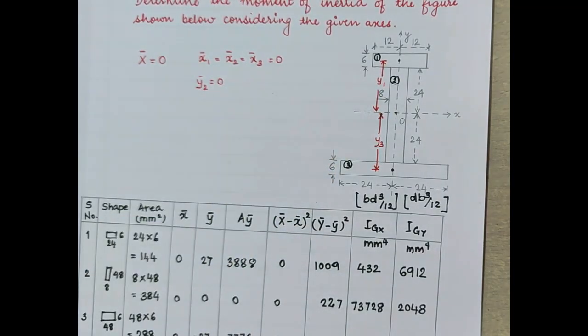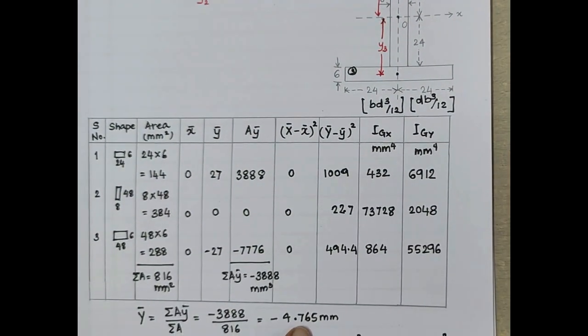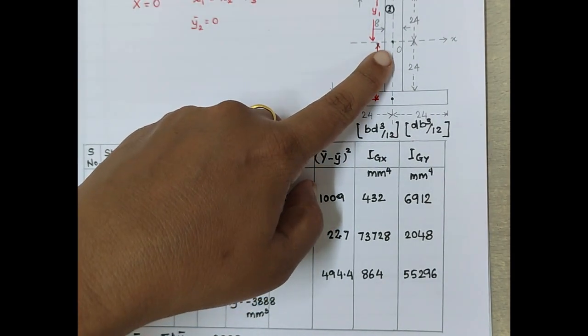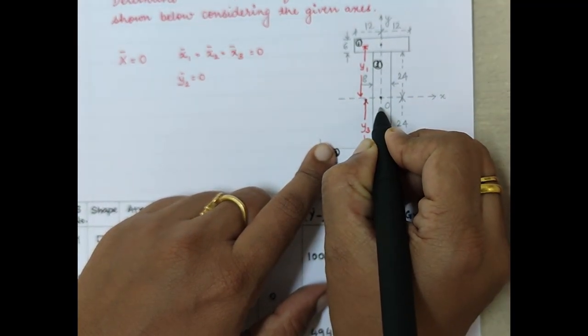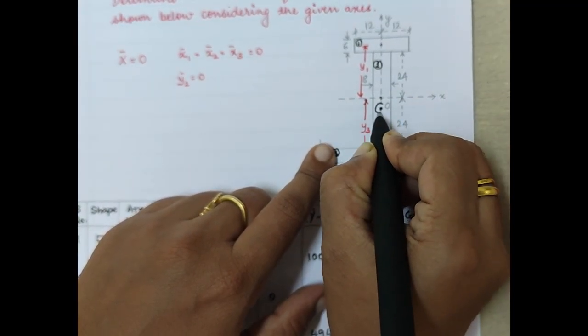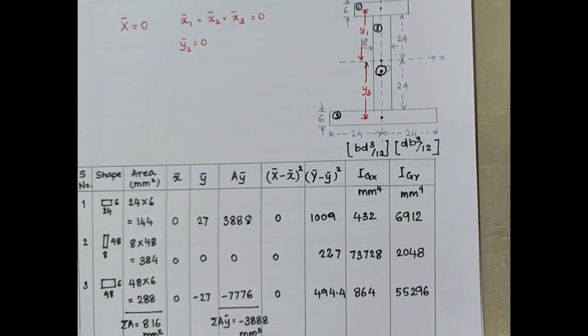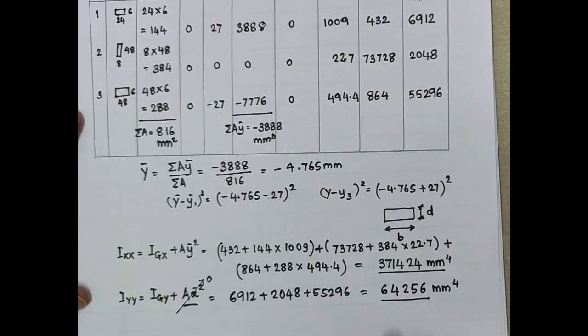It lies at a distance of minus 4.765. That means 4.765 mm below the existing x-axis which is given. Therefore, we can simply say that our CG of the entire figure lies somewhere at this point. So, this brings us to the end of the calculations for moment of inertia.